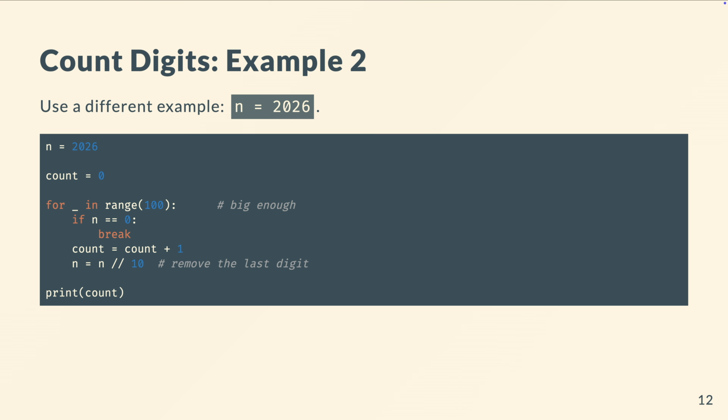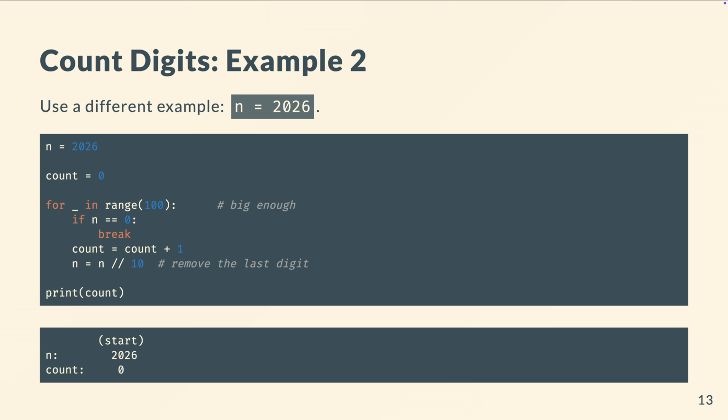In the second example, we use a bigger number, 2026. Same code, same idea. Count how many times we can peel off 1 digit. Let's trace the variables. At the start, n is 2026 and count is 0. After 1 loop, count becomes 1, and n becomes 202.